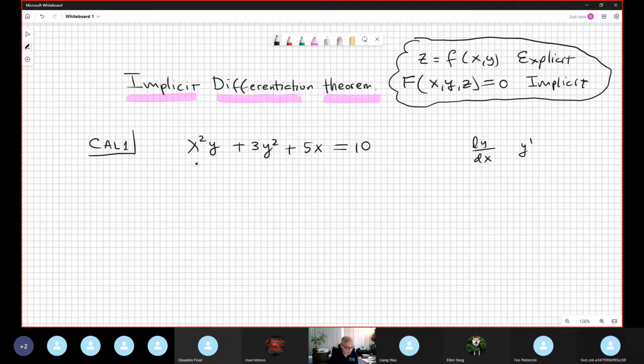And you differentiate with respect to x. So now you apply a product rule here. The derivative of the first function is 2x multiplied by y, plus the derivative of the second, which is y prime.